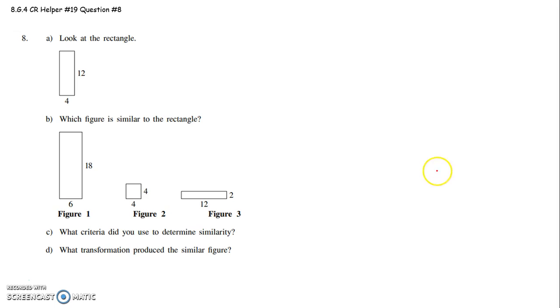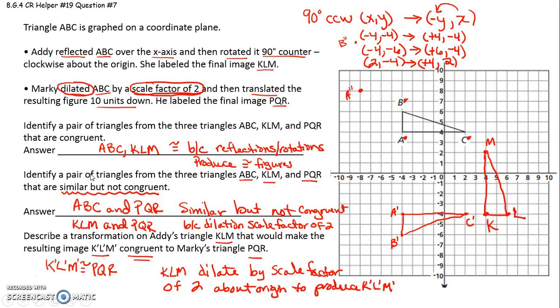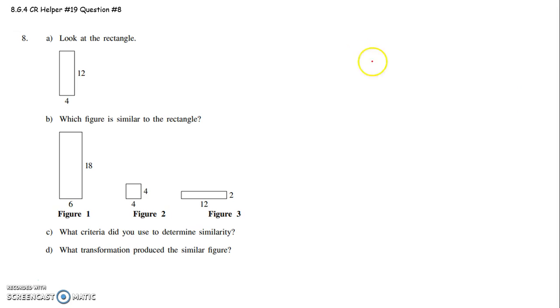B double prime. Let's see. If I was going to do C, C is 2, 4. So C prime would be 4, 8. And that would be C, we'll say double prime.